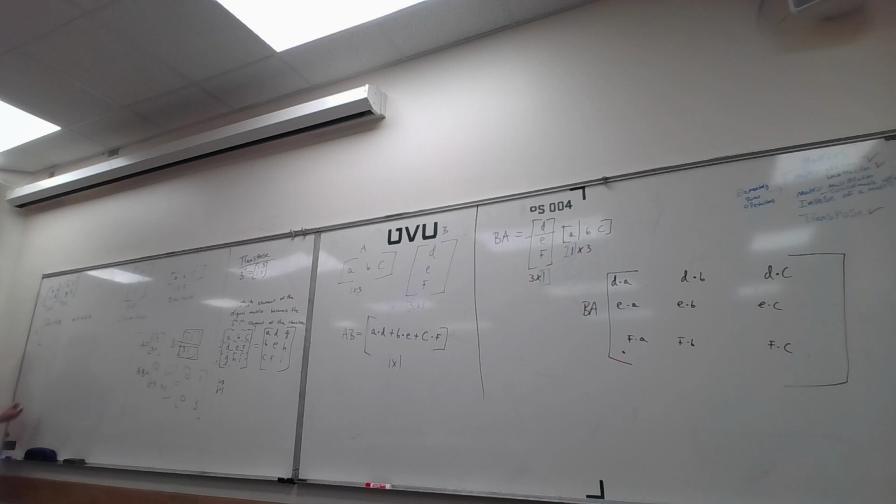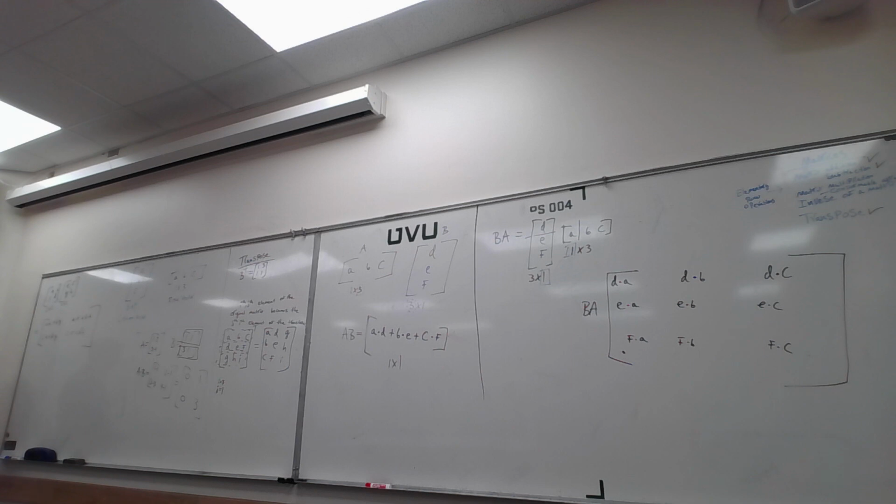Now we're going to take this row, multiply it by this column, so we get C multiplied by E plus D multiplied by G. And now we're going to get this row multiplied by this column, so we get C multiplied by F plus D multiplied by H. That is the resulting matrix.